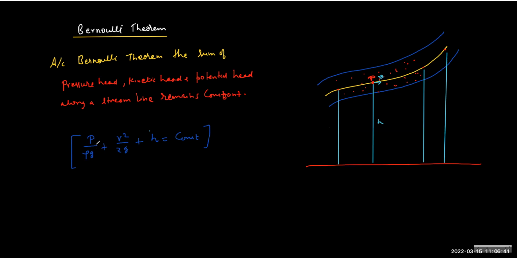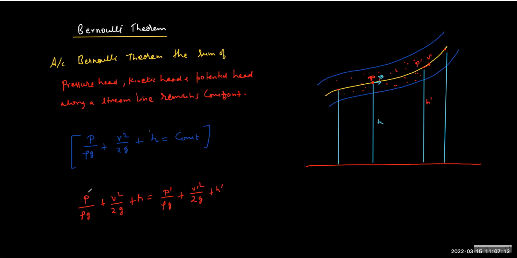And what it is saying is that if you go here, the pressure may become P dash, velocity may become V dash, and H may become H dash, but the sum of these three will never change. Which means P by rho G plus V square by 2G plus H is the same as P dash by rho G plus V dash square by 2G plus H dash.